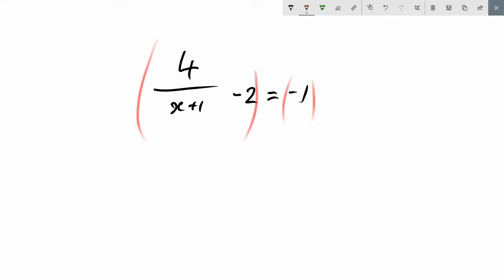Now we can also have x in the denominator. Here we have x in the denominator, and that's not good. So we need to get that out of the denominator. That's fairly easy. We can just times both sides by x plus 1.